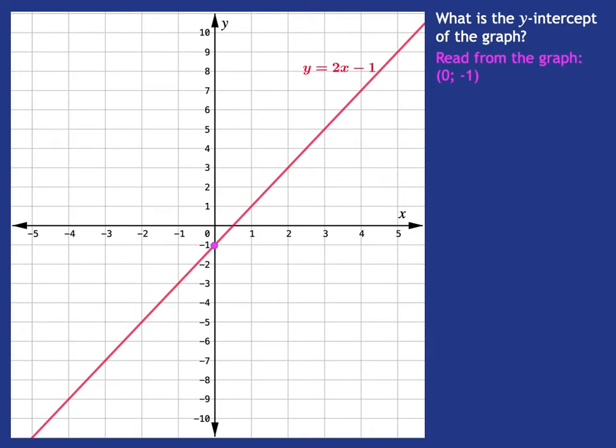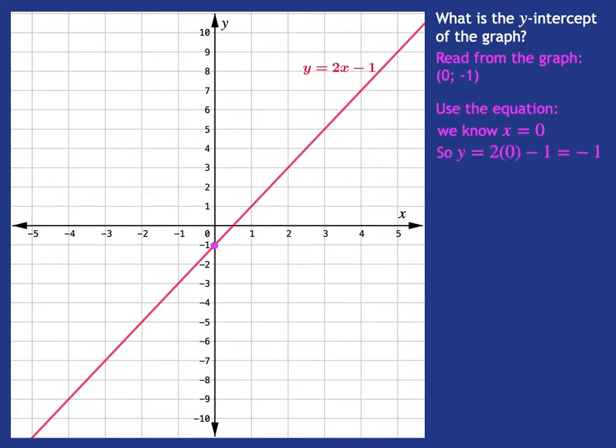Now we can also do it by using the equation. The one thing we know for sure about a y-intercept is that it has to be sitting on the y-axis. And if it's sitting on the y-axis, we know we haven't moved left or right, and so the x value is 0. And because it's on the graph, it must fulfill the equation y is equal to 2x minus 1.